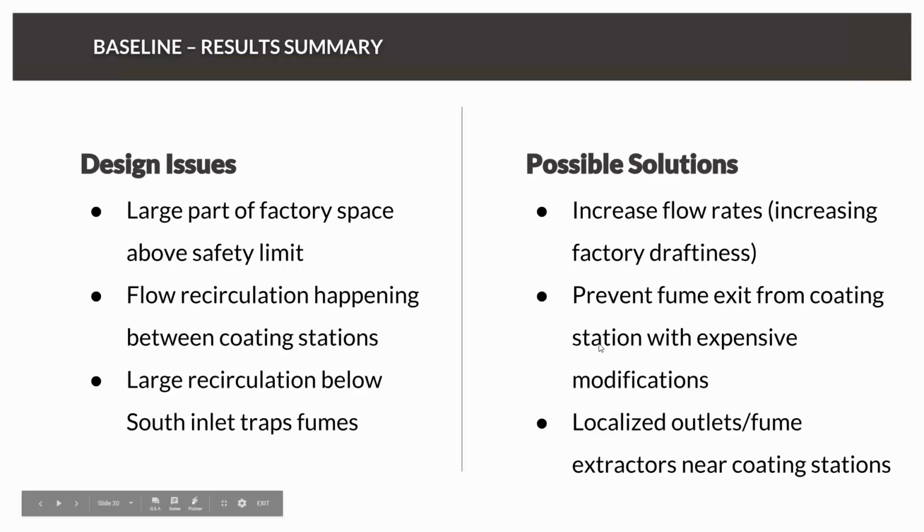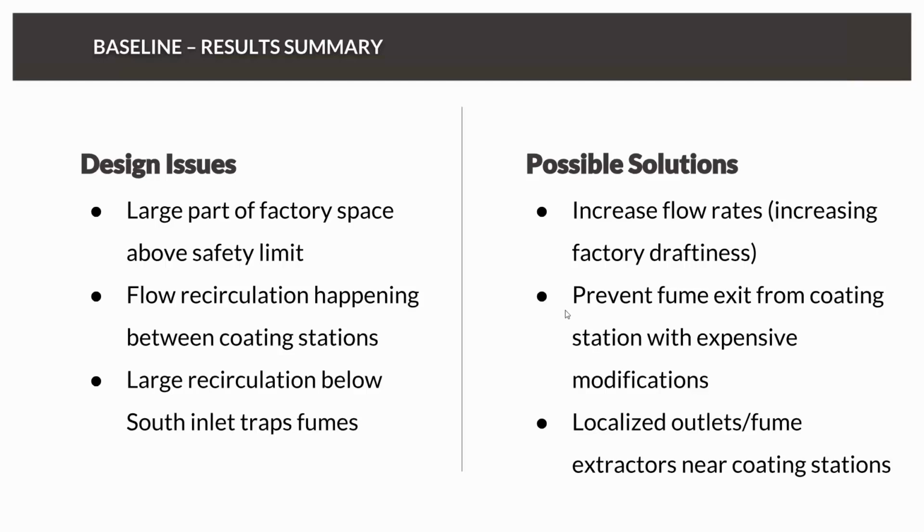And now there are some solutions, and one would be to increase the flow rate, which would increase the draft, but this has some negative side effects, so we need more energy, and also the thermal comfort will drop, and sometimes this will also not work because increased flow rate can also increase turbulence and therefore increase mixing.